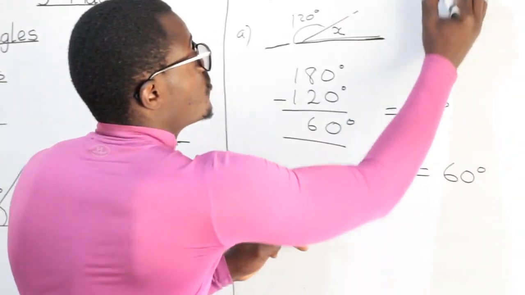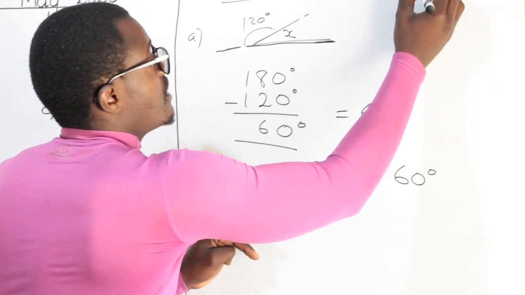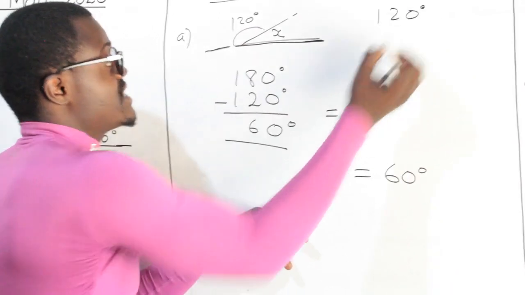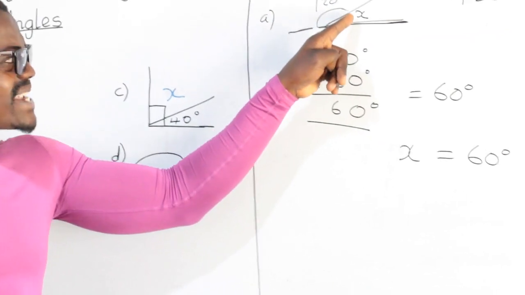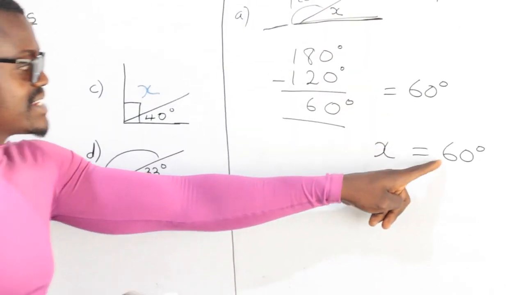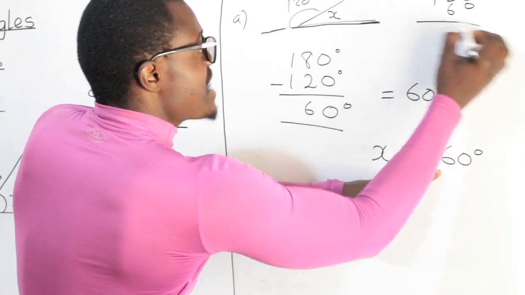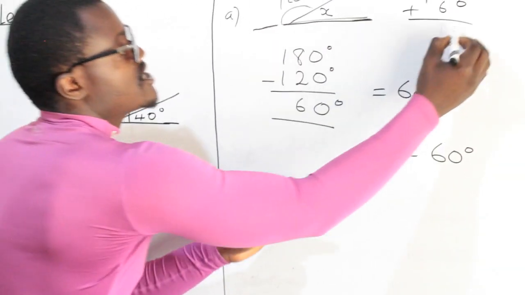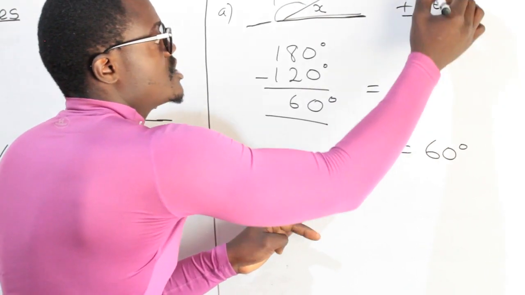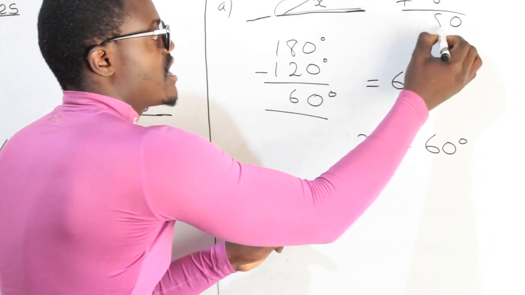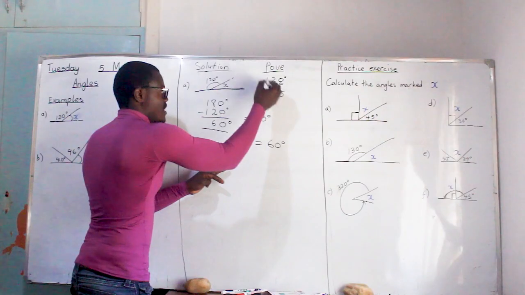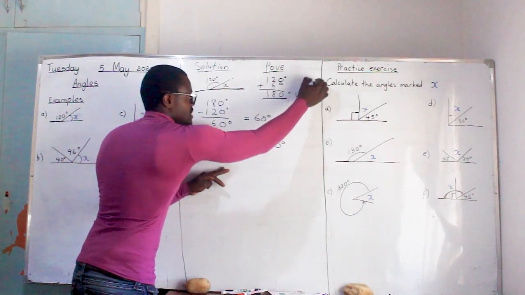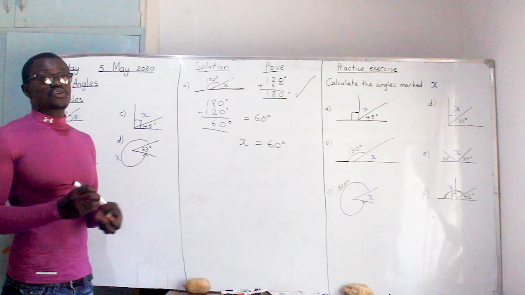So let us prove. 120 degrees, the angle we've been given, plus this x that we have calculated, 60. If we add the two, we should get 180 degrees, which makes up the straight line. So 0 plus 0, 0. 2 plus 6, 8. 1 plus 0, that's 1. So we got 180 degrees, meaning our answer is correct.